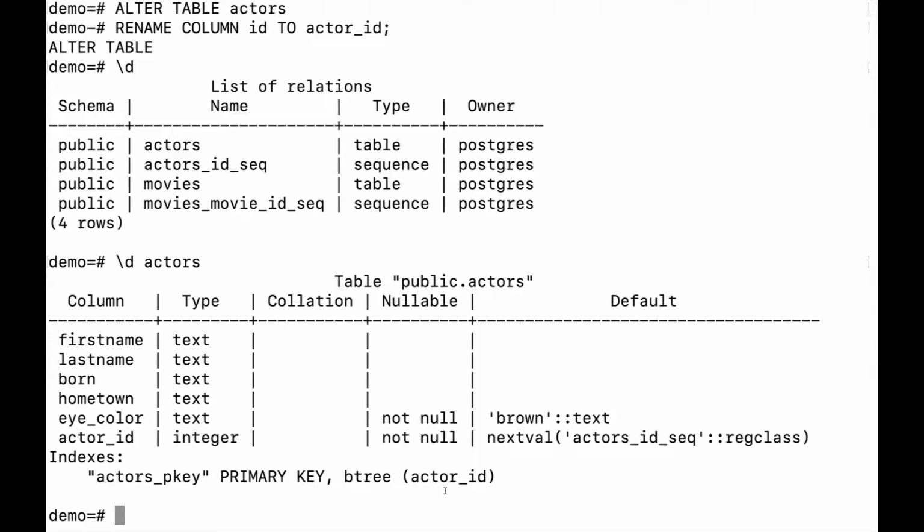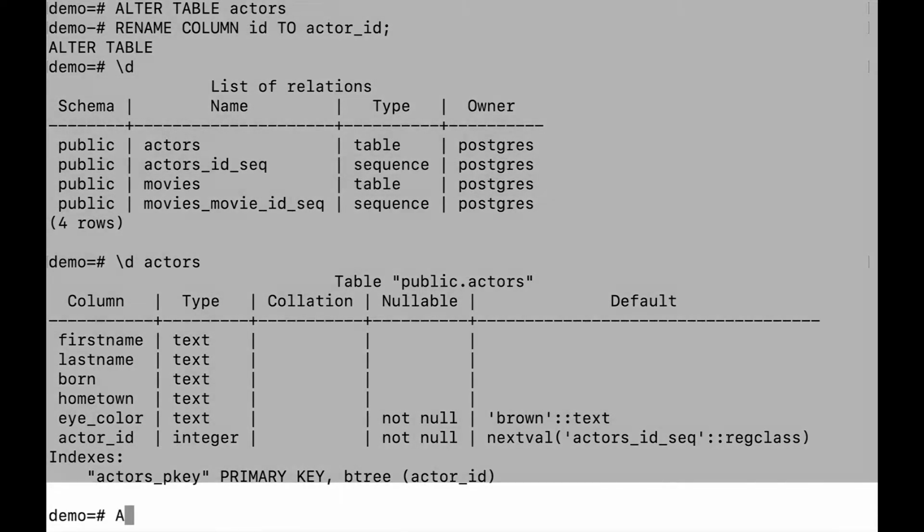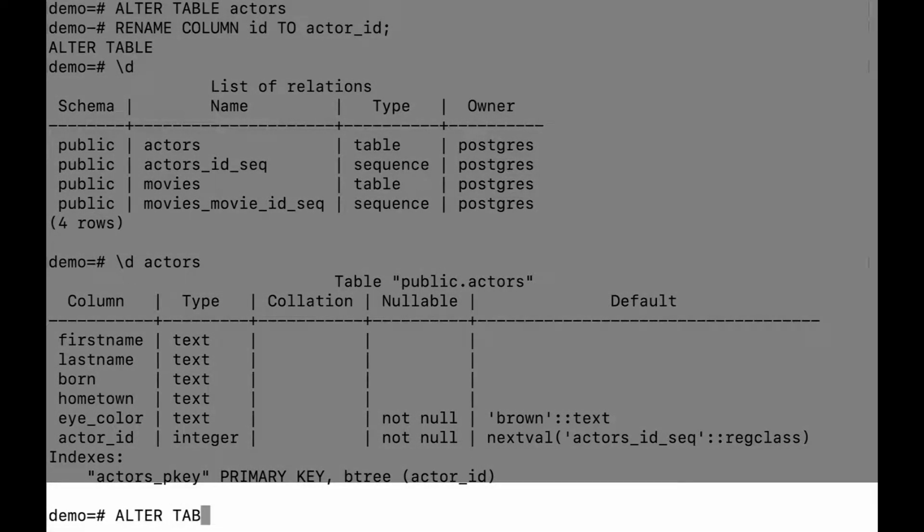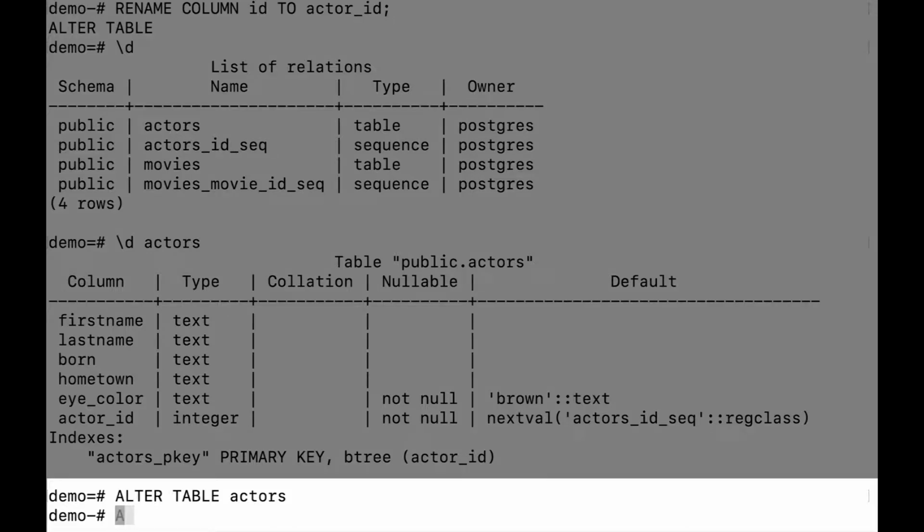Okay, suppose I want to say the first name and last name can't be null. So when you enter an entry, there has to be a first and a last name. That seems to make sense. So there's that command, set not null.